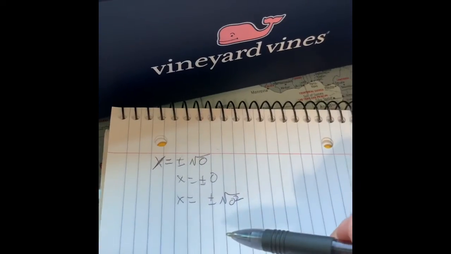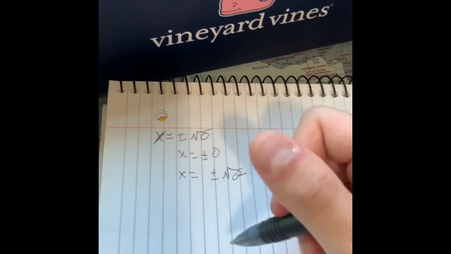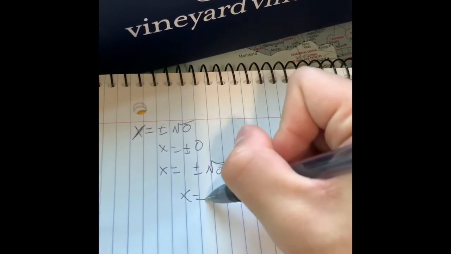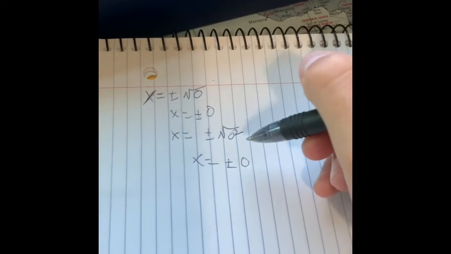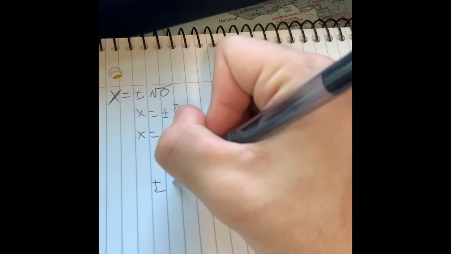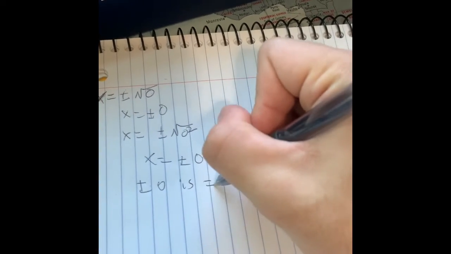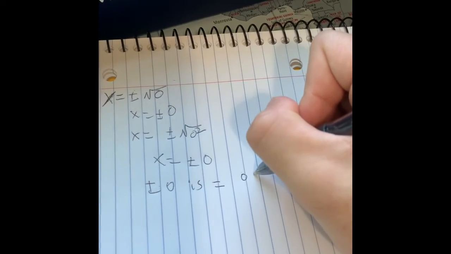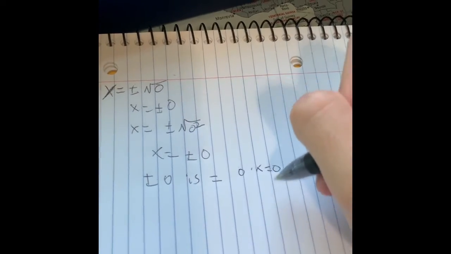So x equals plus or minus the square root of 0 squared. Okay, so you're going to pull the terms out from under the radical, and you're going to get x equals plus or minus 0. Then plus or minus 0 is equal to 0, so x equals 0.